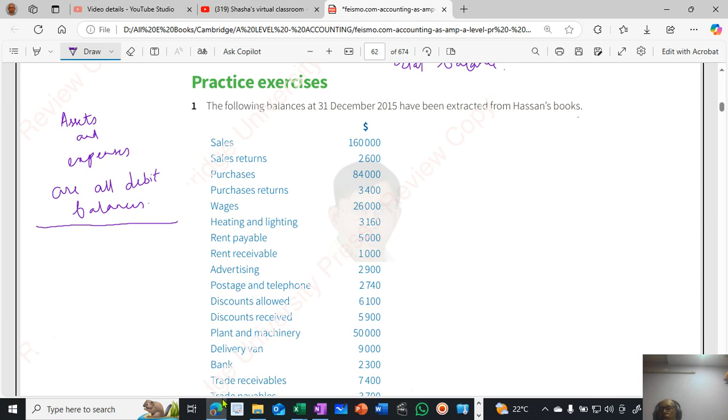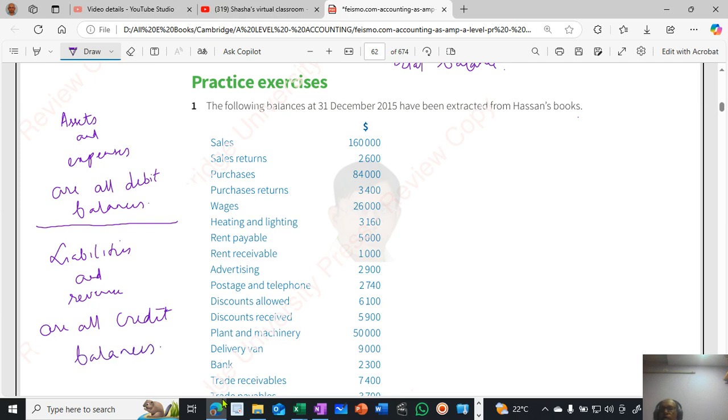Then liabilities and revenue are all credit balances.